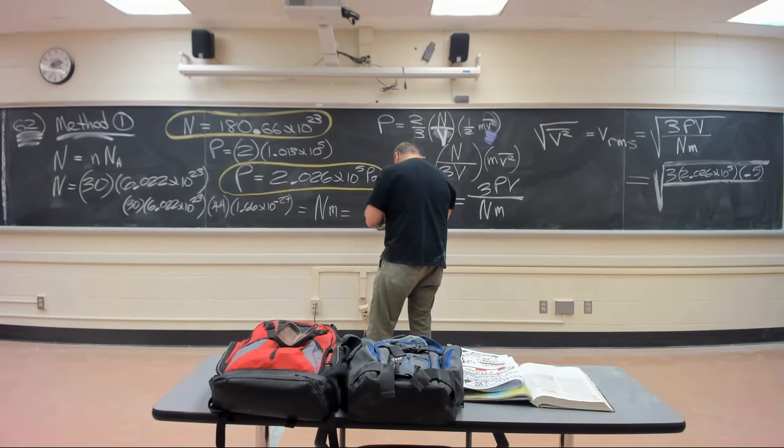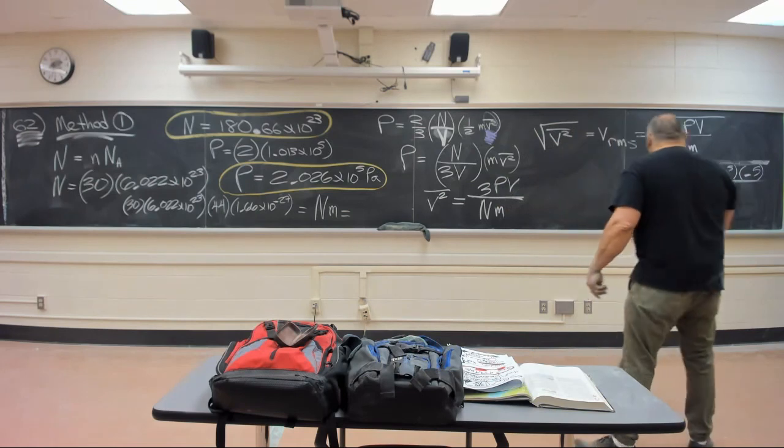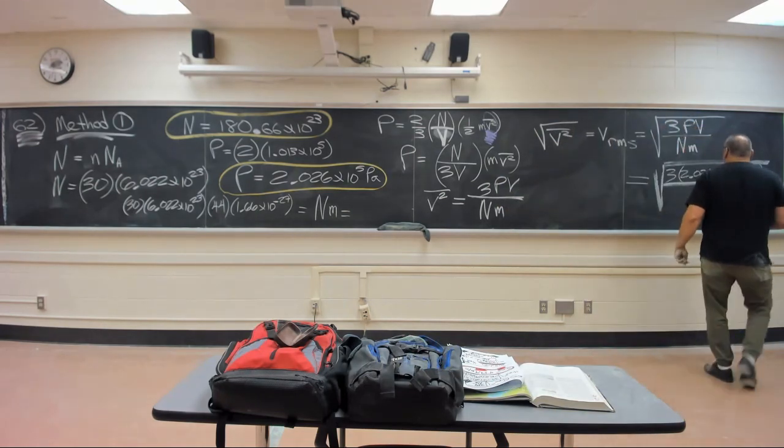Multiplying by 10 to the negative 4 is the same as dividing by 10,000. I got 1.3195. Okay, it doesn't matter, guys. It's in the ballpark.